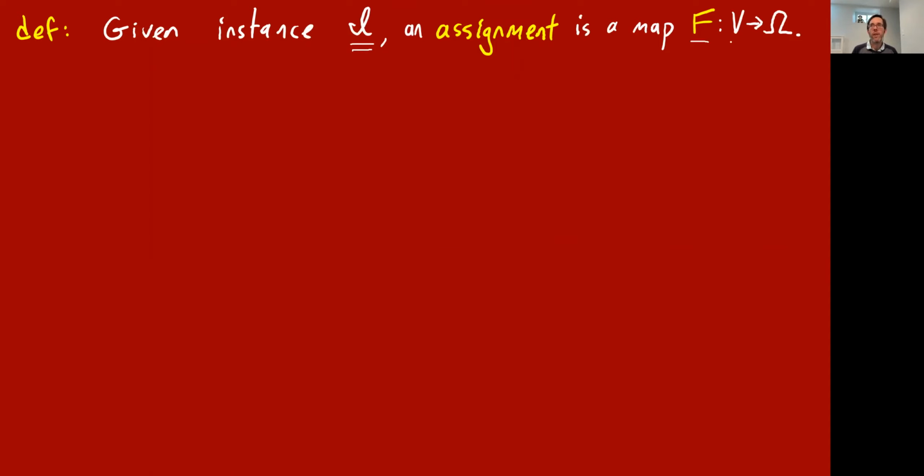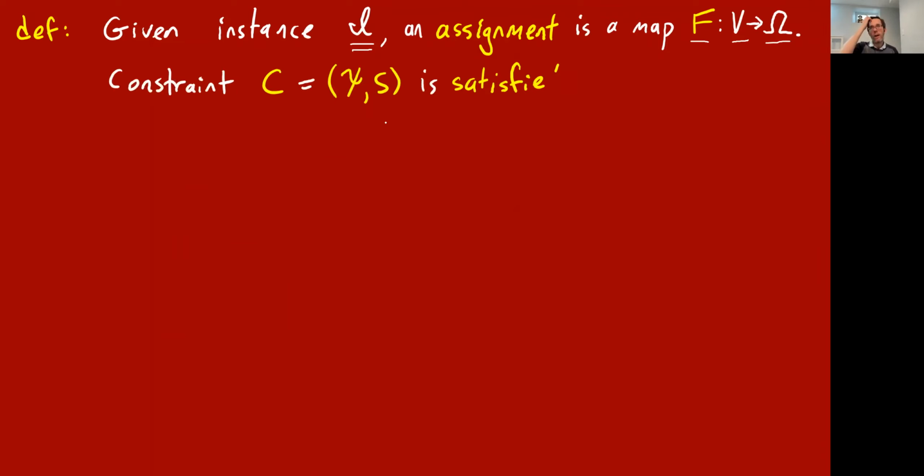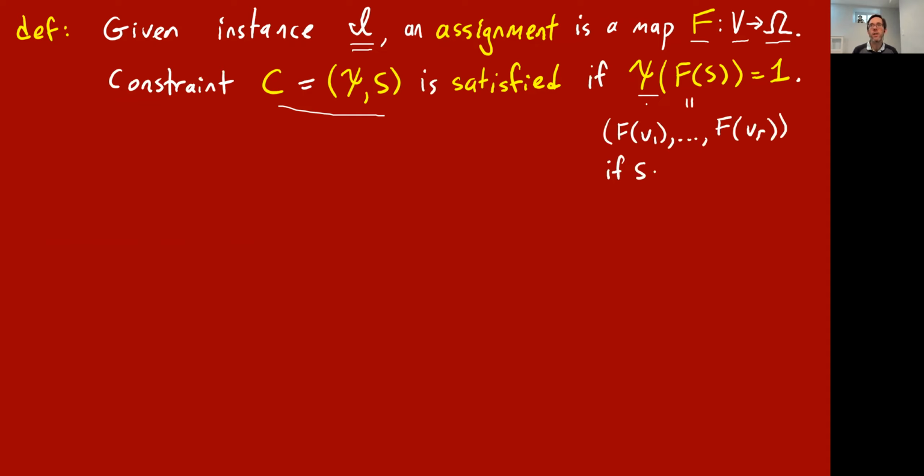It's a map F that assigns to each variable a domain value. And we say that a constraint C, (psi, S), is satisfied if, when you assign the variables in its scope according to F, the constraint outputs 1. F of S is my shorthand for F applied to each of the variables in the scope S.